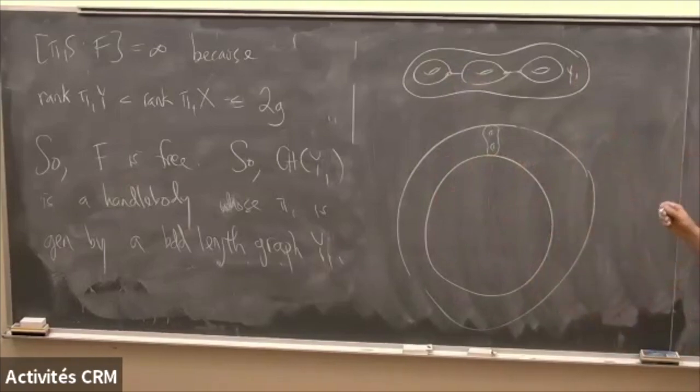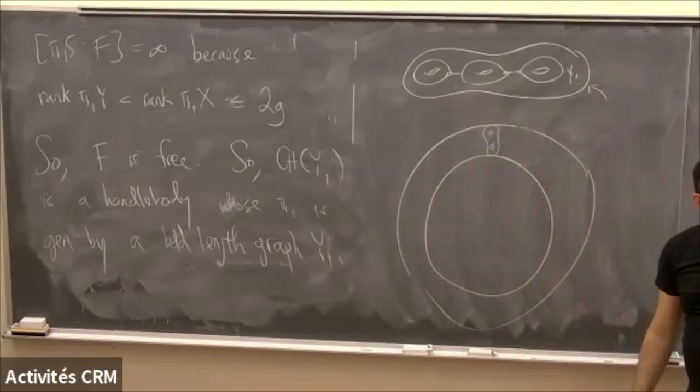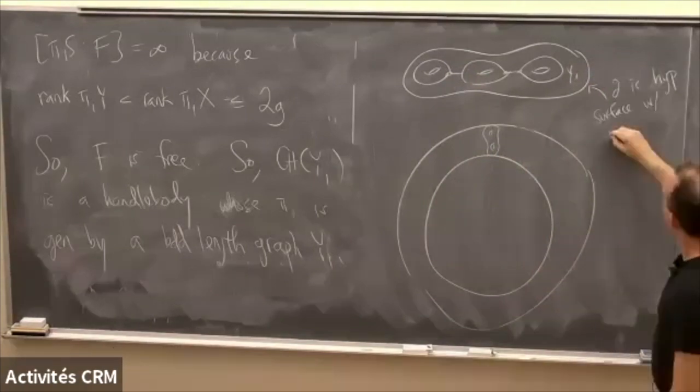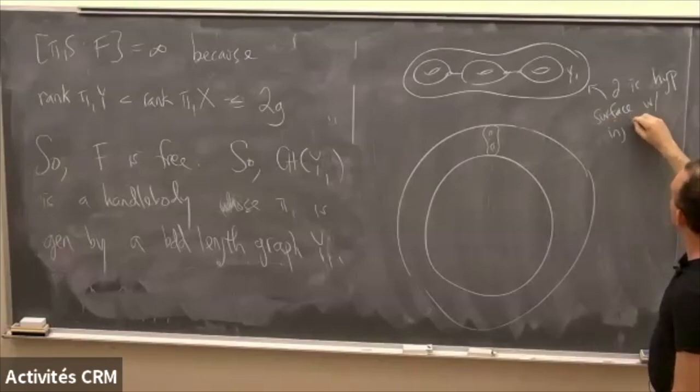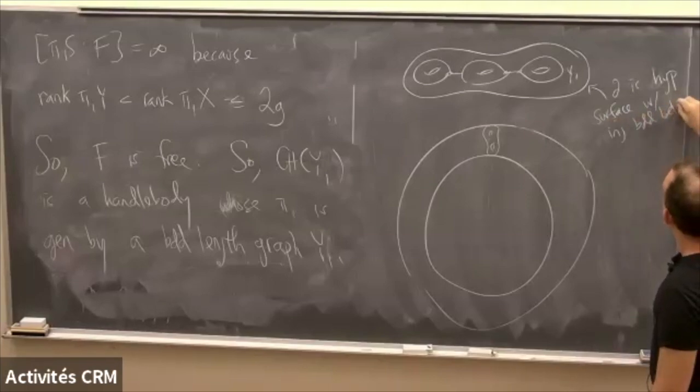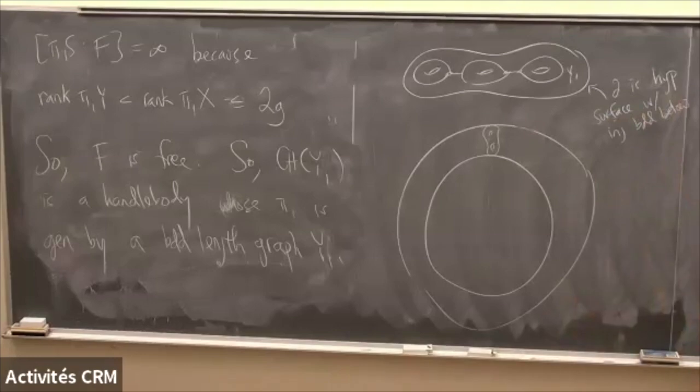But if not, then believe it. So the boundary of the convex hull here is an intrinsically hyperbolic surface with injectivity radius bounded below, because of our assumption on injectivity radius. And so it has bounded diameter.